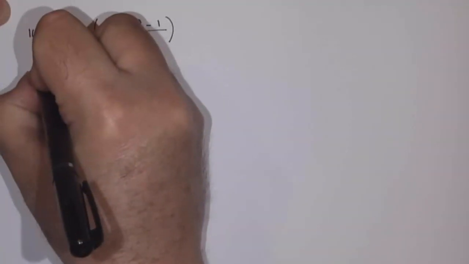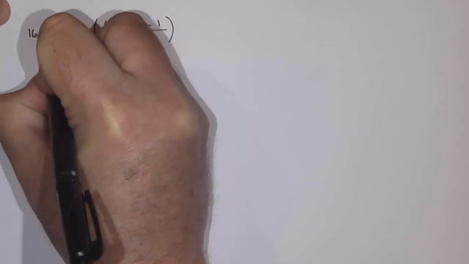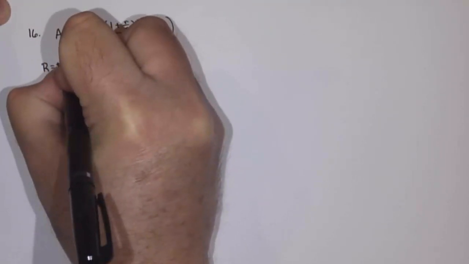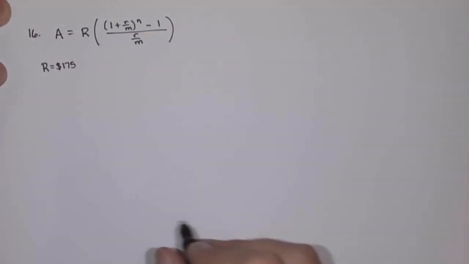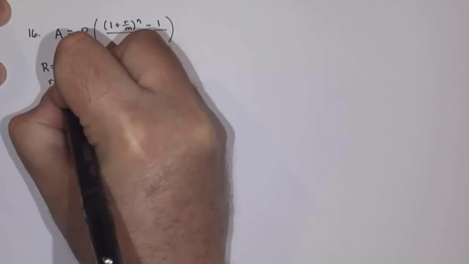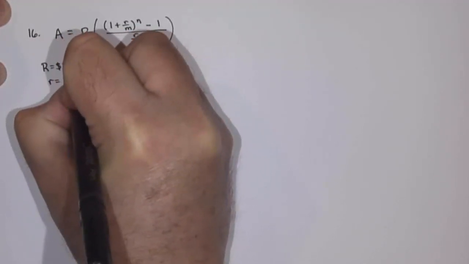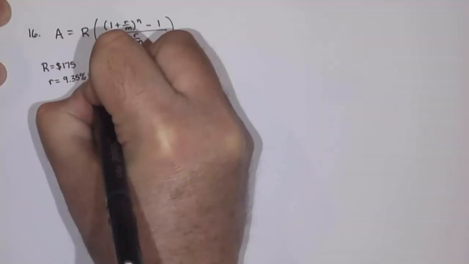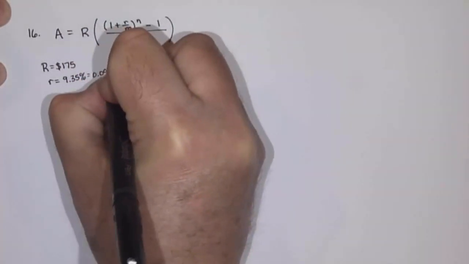And in this case, we were told he's going to make a regular payment of $175 each month. We know that the interest rate is 9.35%, so lowercase r equals 9.35%, which is 0.0935.